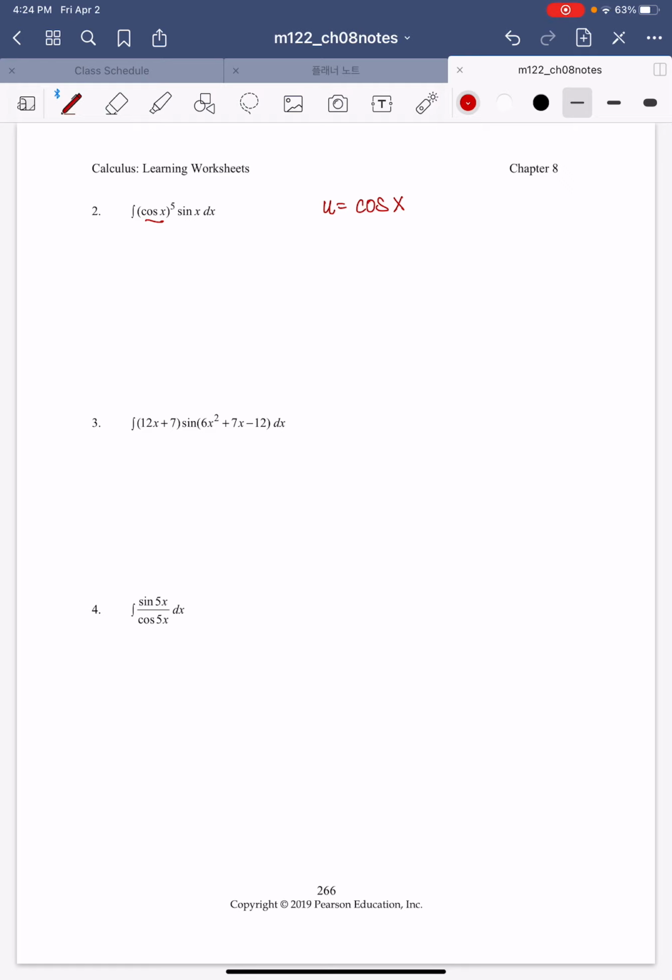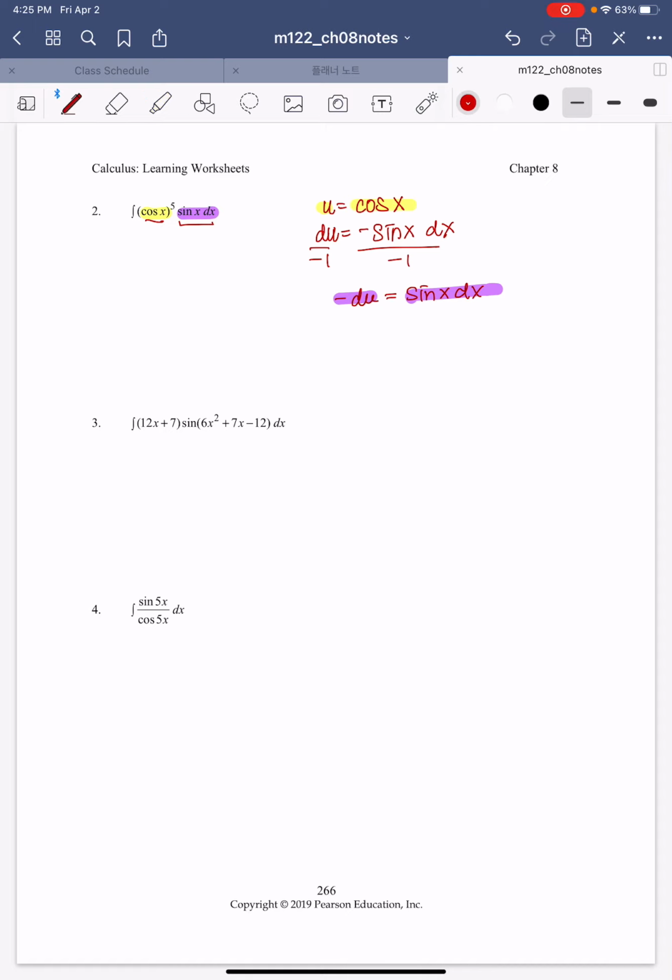Then my du will be, well, the derivative of cosine from last section, that's a negative sine x dx. That's nice because you have this sine x dx. In other words, you can divide by -1, so negative du is sine x dx. So I'm going to replace the sine x dx with negative du, and u will be my cosine x.